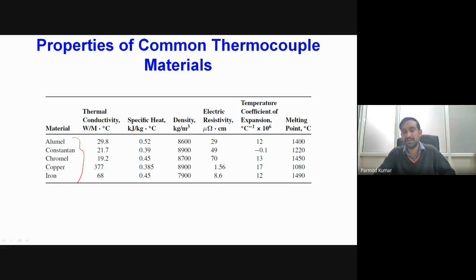If heat transfer happens across the length of the thermocouple, that will lead to certain inaccuracies in our measurement of temperature. While we study that section, the requirement of these properties will come up.